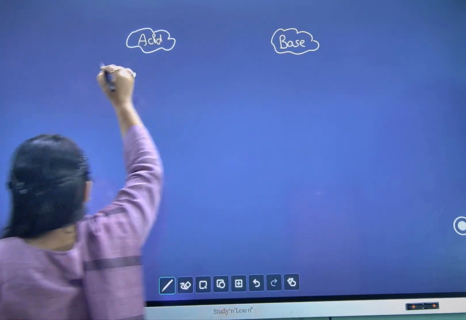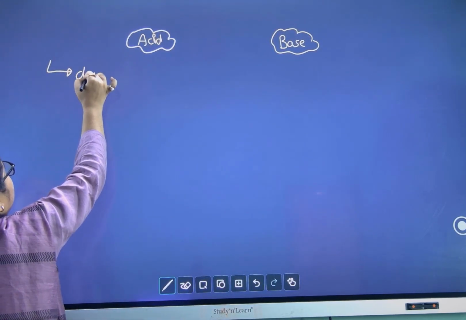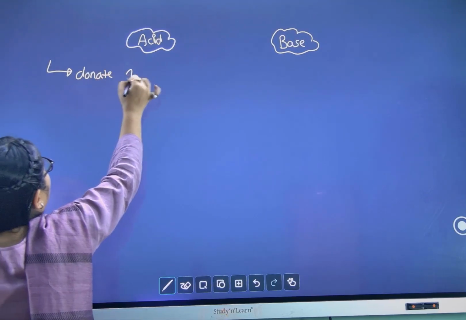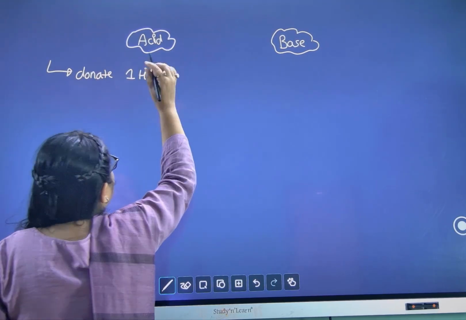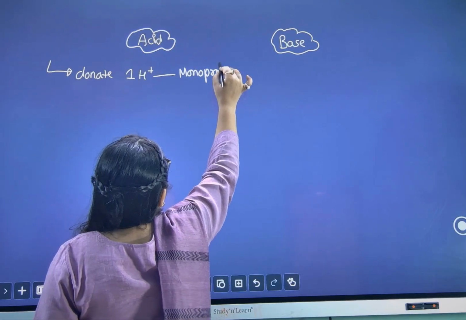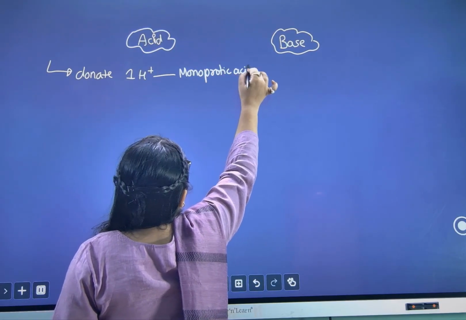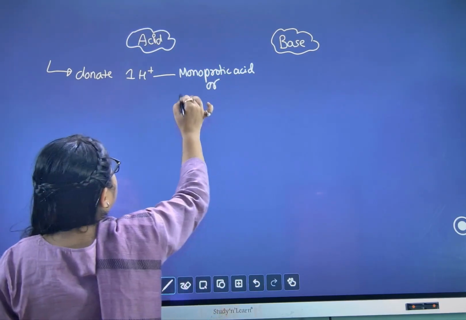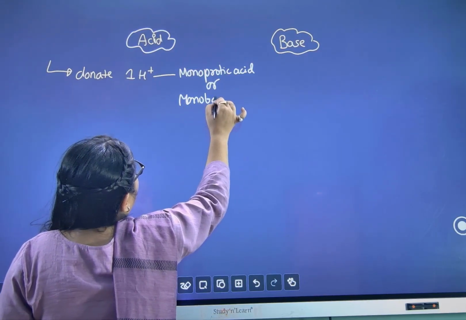If an acid can donate 1 H+ ion, then it is known as monoprotic acid, or else we can say monobasic acid.